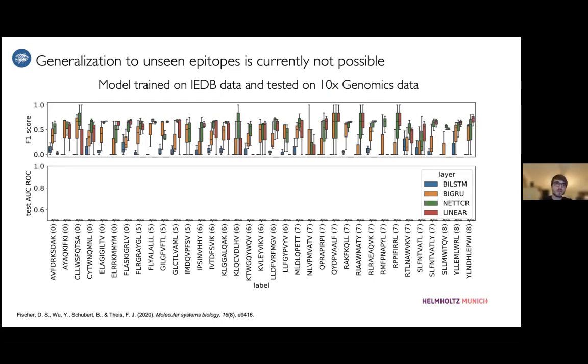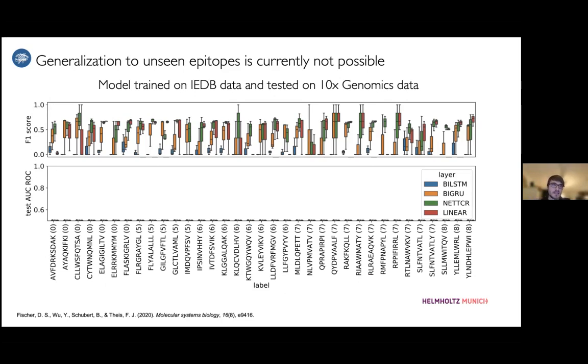So we trained the model on an entire data set from a different database and then predicted on a different data set entirely. And here you see that this model essentially didn't learn anything and is a random predictor, which is not surprising if you consider that, although we have lots and lots of T-cell receptors, we only have paired information of the T-cell receptor and epitope space of a couple of hundred epitopes.